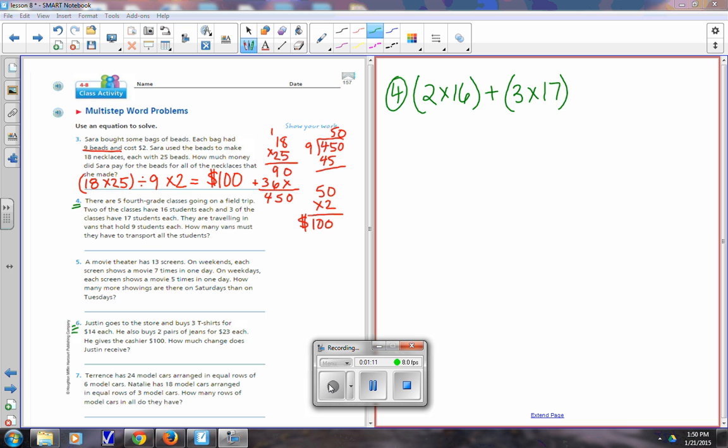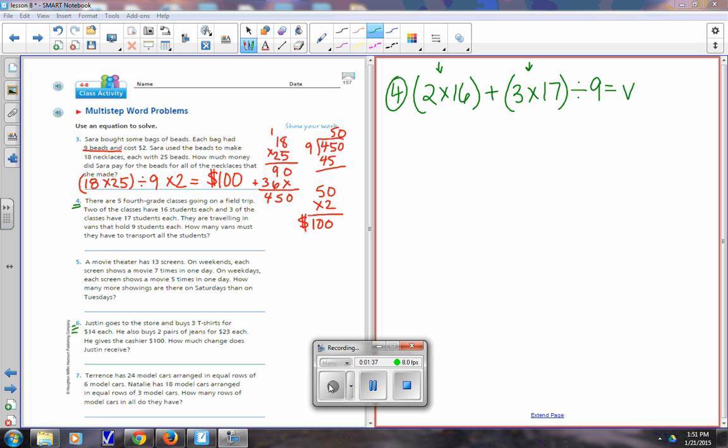then we have to break that number into vans of 9. So we're not making the number bigger. We're breaking those up into smaller groups. So we're going to divide this total addition of these 2 numbers by 9, and we'll know how many vans we need. So there's 3 steps here. How many are in the 2 classes of 16?